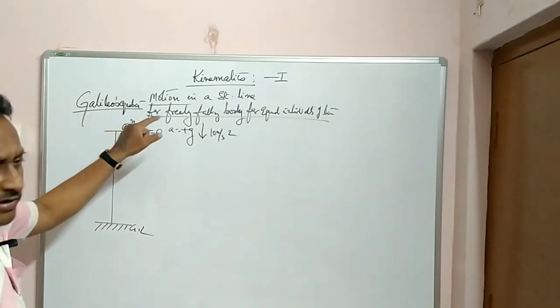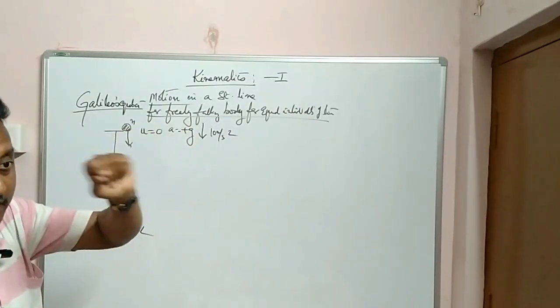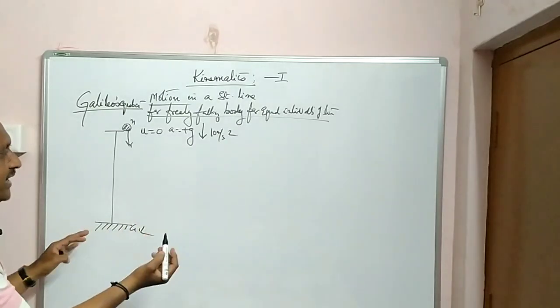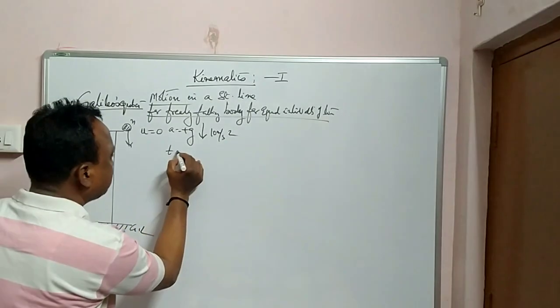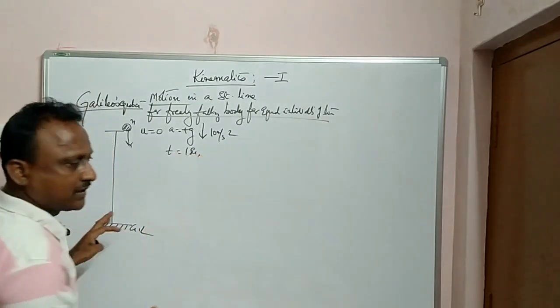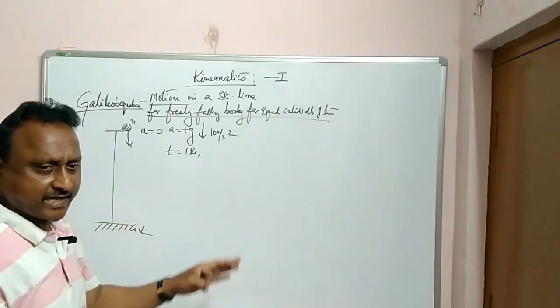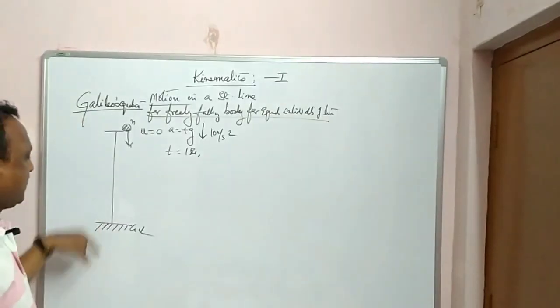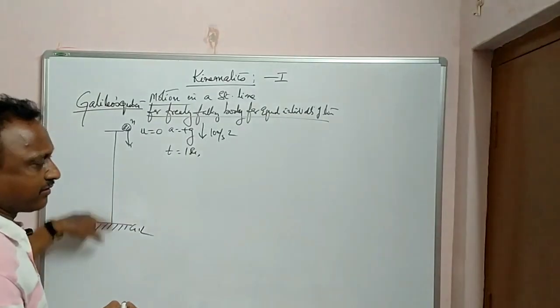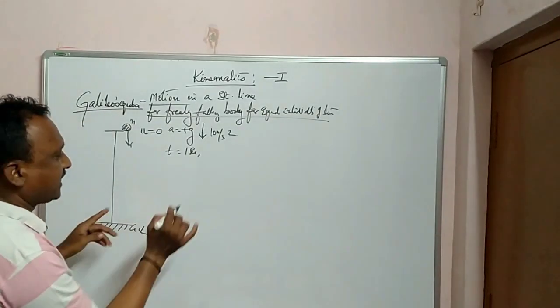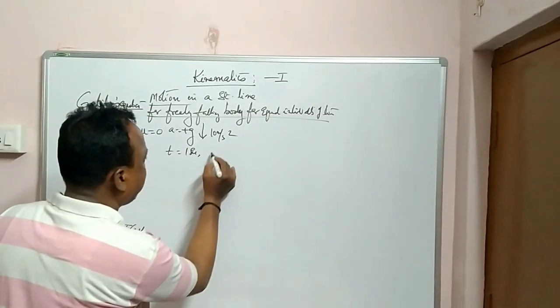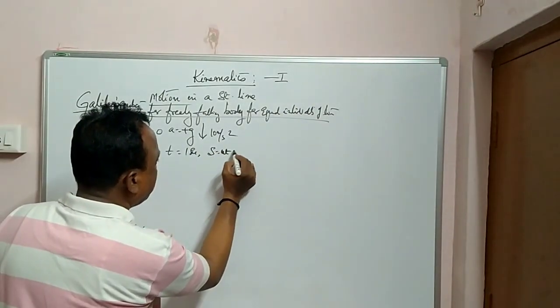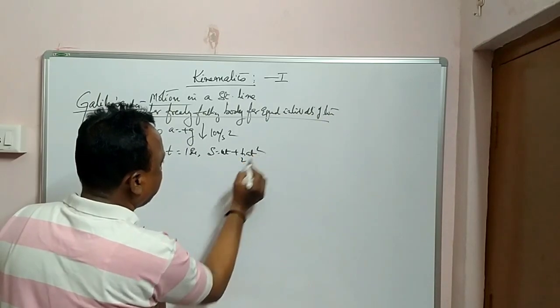Now according to Galileo's equation for freely falling body for equal intervals of time, for example, I will be calculating for time 1 second, next second, like that. That means for every 1 second, how much distance the body has travelled from the top of a building or from the top of a tower. For example, first 1 second, how much distance travelled? S is equal to ut plus half at square.